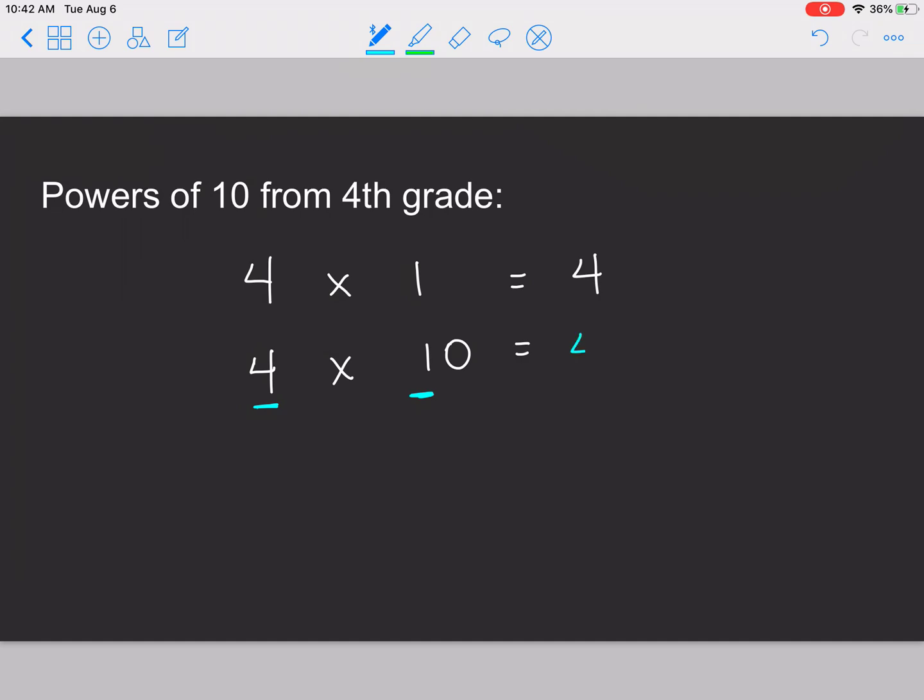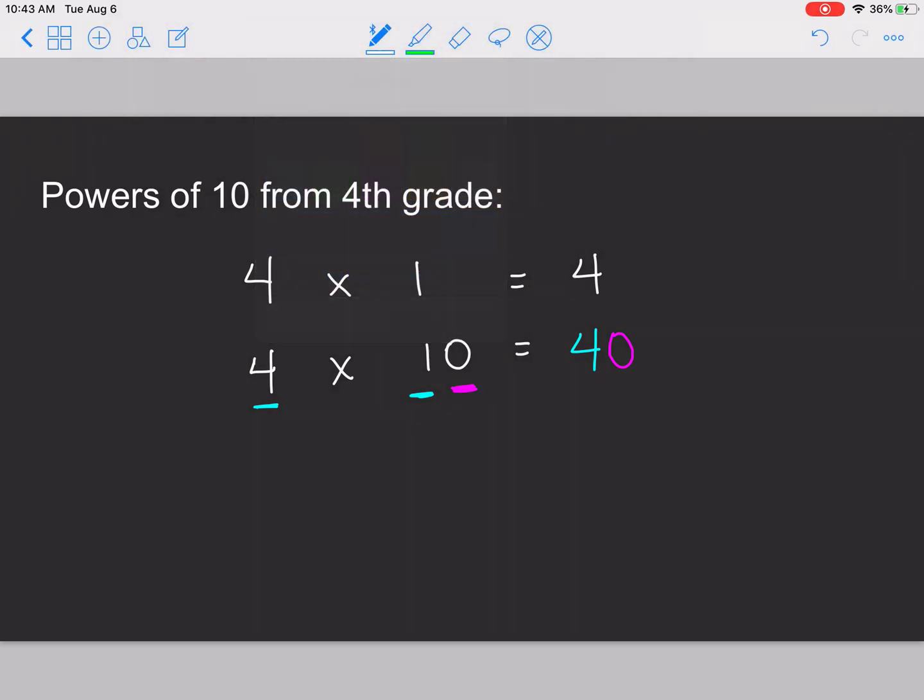So we're going to keep that 4. But then we also have 0, because we weren't just multiplying by 1, we were multiplying by 10. 10 has 1 zero, so we're going to put that 0 after the 4. So our answer becomes 40.